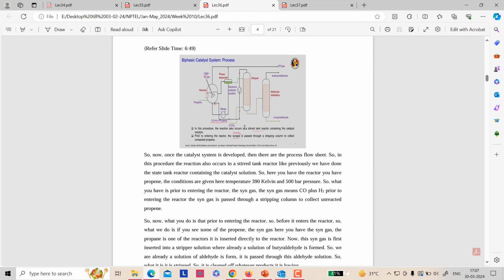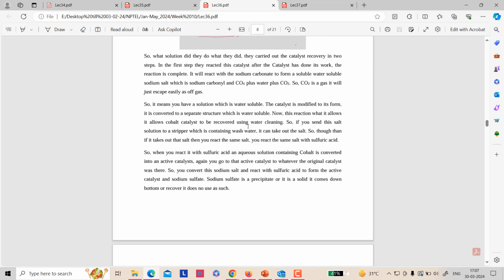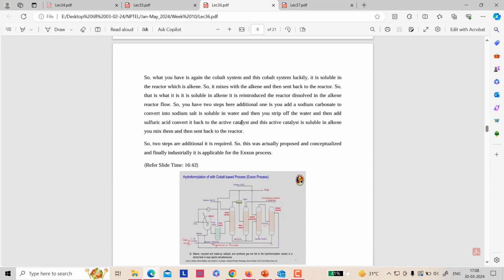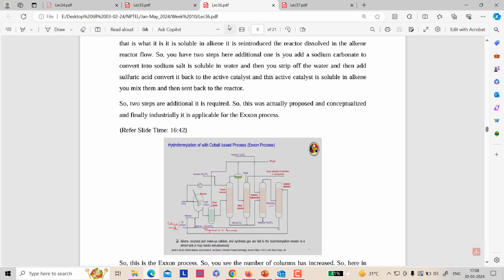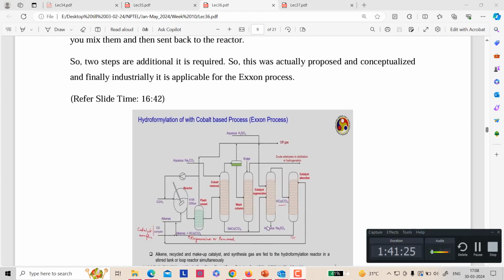You have to write the flow chart when this type of question comes.